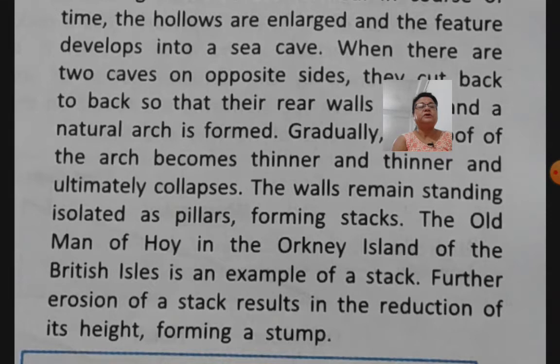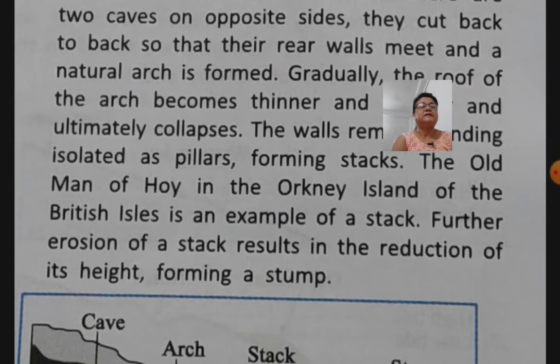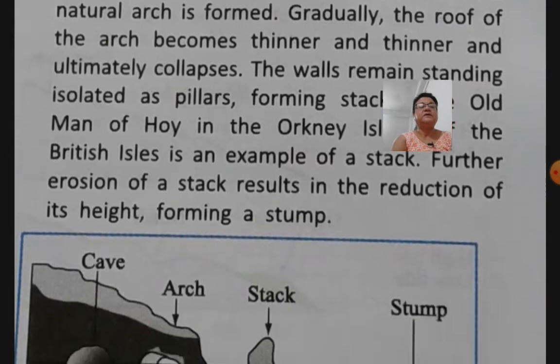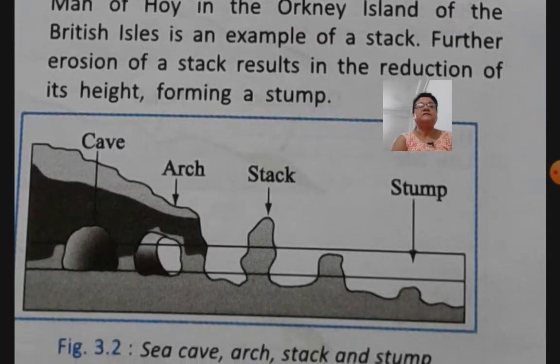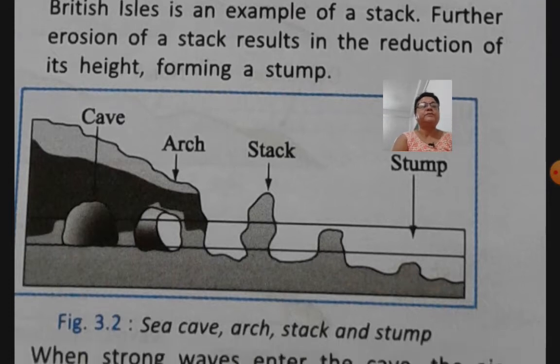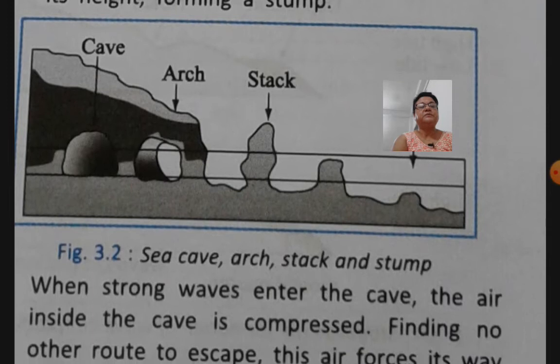Further erosion of stack results in the reduction of its height, forming a stump. यो सबैको कसरी बनिन्छ? स्टम्प, स्ट्याक, आर्क एन्ड केभ। यो यहाँनिर के देखाइएको छ? नक्सा ड्राइङ बनाएर देखाएको छ, जुन चाहिँ तिमीहरुले पनि के गर्नुपर्ने हुन्छ?